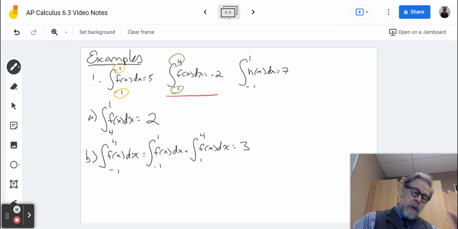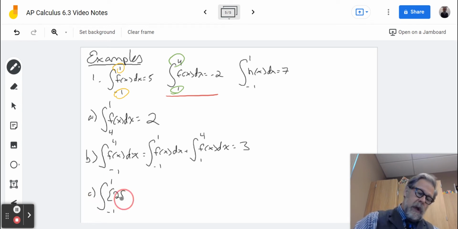All right. What about the integral from -1 to 1 of 2f of x plus 3h of x dx? Well, splitting this up, the sum rule says we can split that into two separate integrals. The constant rule says take the constant out front.